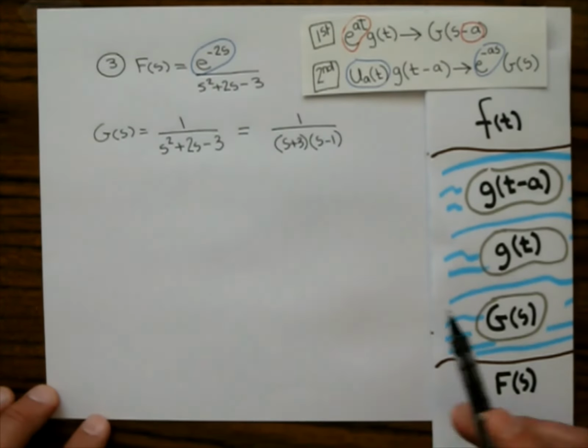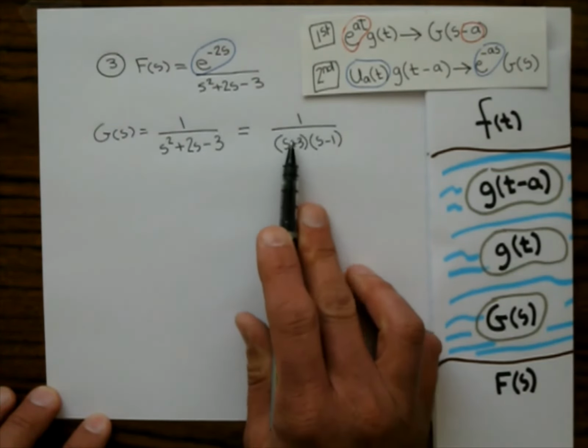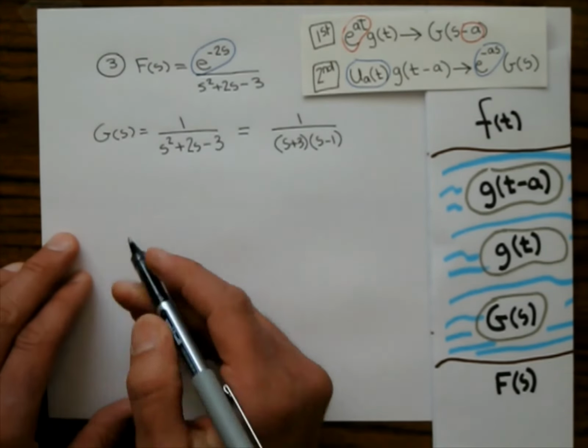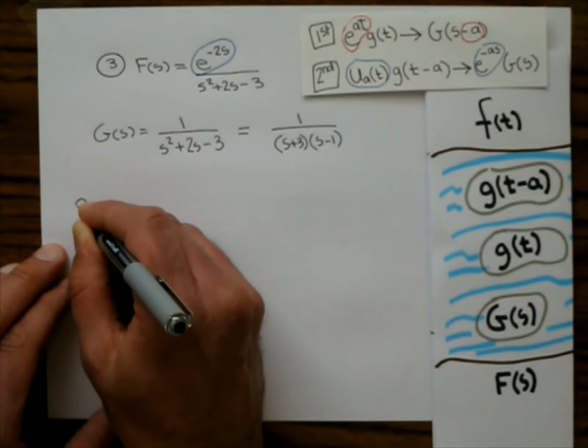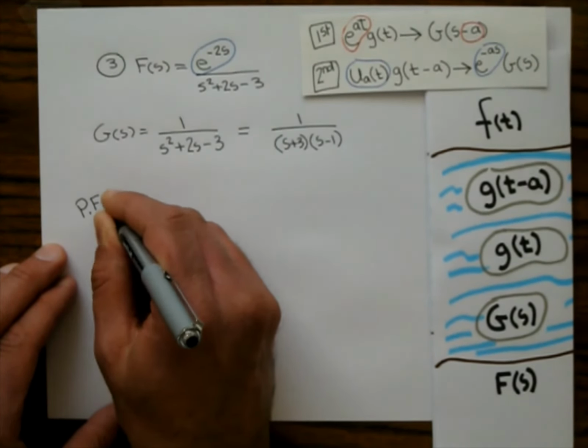Now I'm going to go ahead, and I'm standing on this rock, and I'm ready to jump. But it seems as if I can't make the jump because I have to do something that you probably don't want to see. It's going to start with a P, partial fraction decomposition.